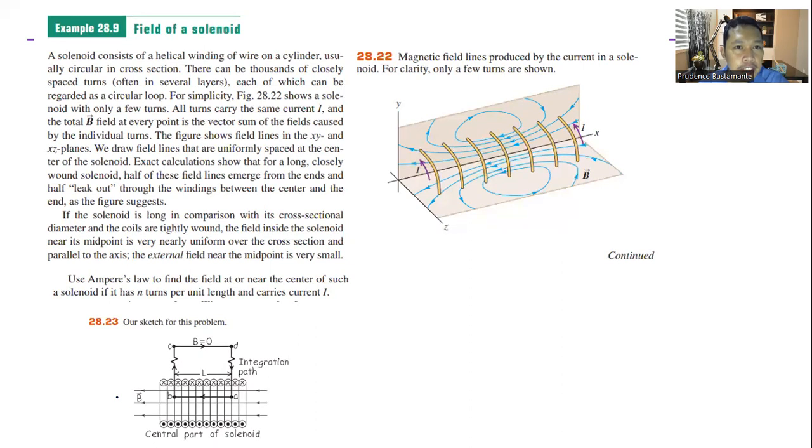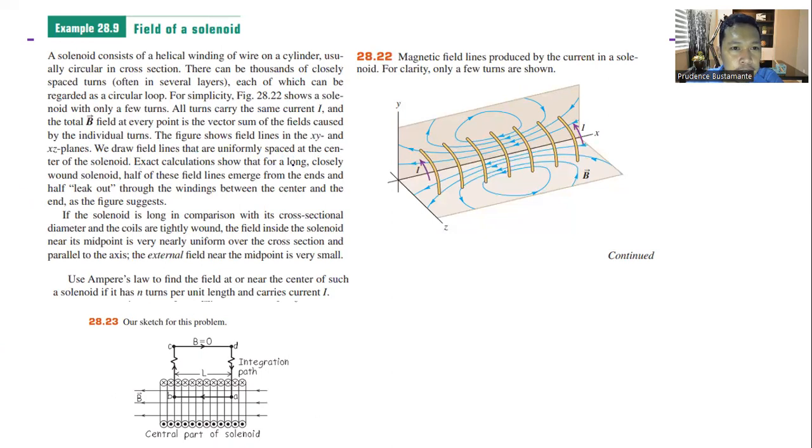All turns carry the same current I, and the total B field at every point is the vector sum of the fields caused by the individual turns. The figure shows the field lines in the XY and YZ planes. We draw the lines uniformly spaced in the center of the solenoid.